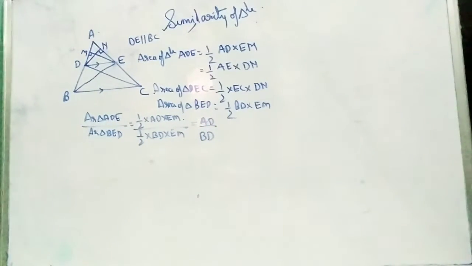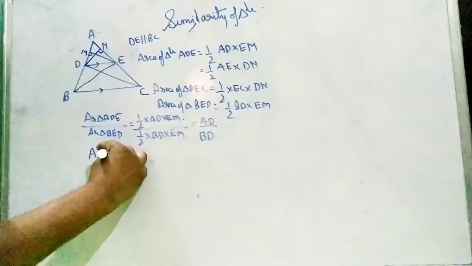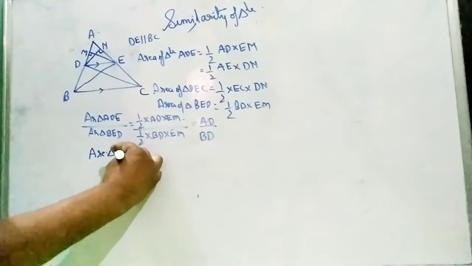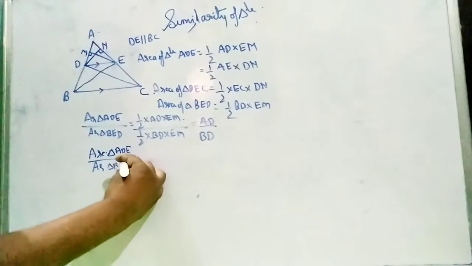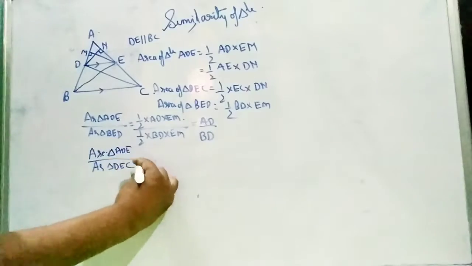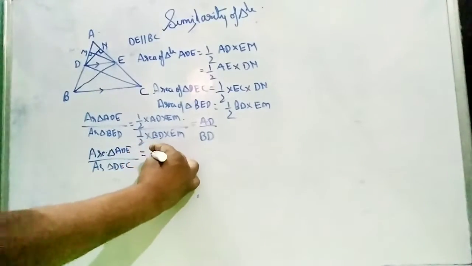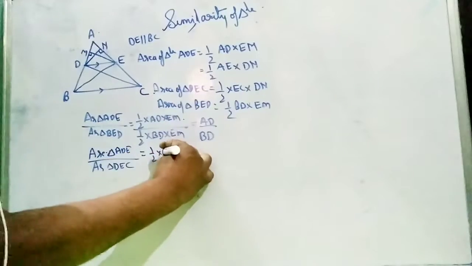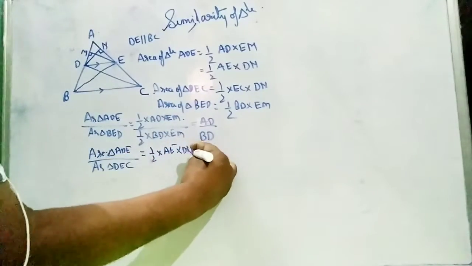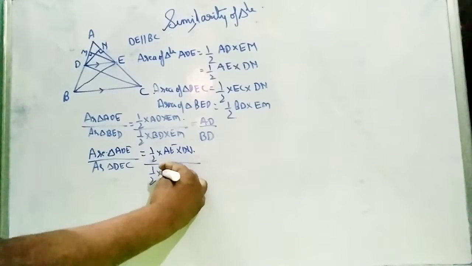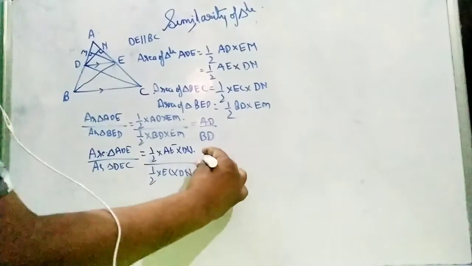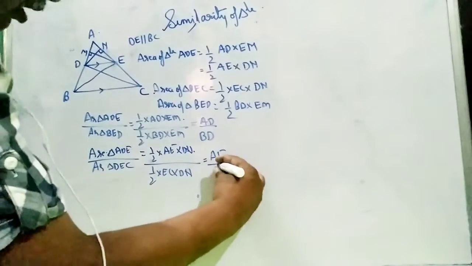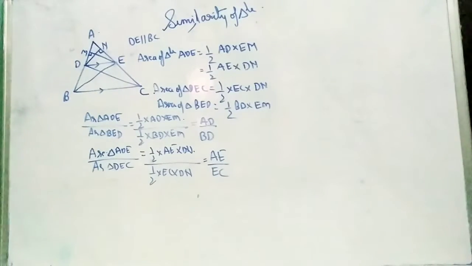Next is area of triangle ADE upon area of triangle DEC. So it is half AE into DN whole upon half EC into DN. DN and DN are cancelled, half and half are cancelled, so it will become AE upon EC.